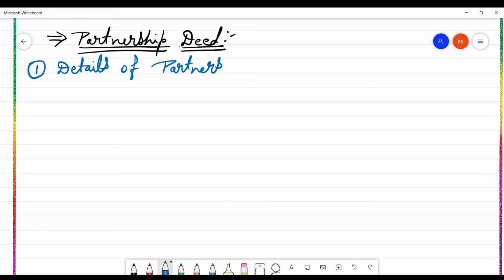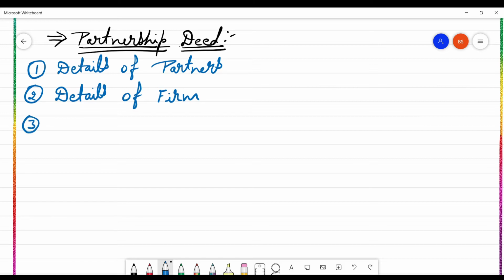In that, the information about name, address and other details of partners is included. Second one is details of firm. The details like name and address of the firm are included.